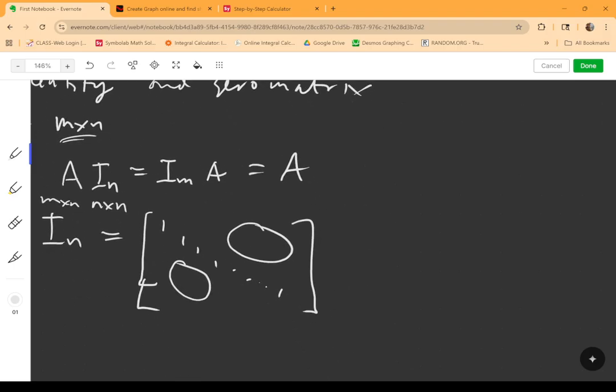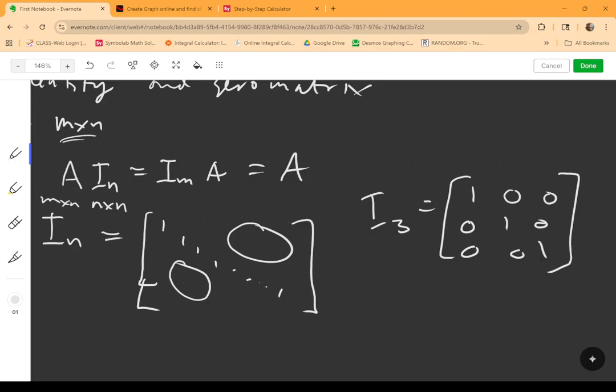So here, for example, I3 would be 1, 1, 1 on the diagonal and zeros elsewhere. So that would be I3, right? Always a square matrix, okay? And when you multiply a matrix A by the appropriate identity matrix, you just get the resulting matrix back, okay?